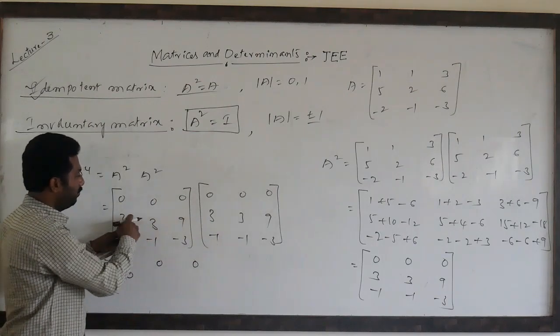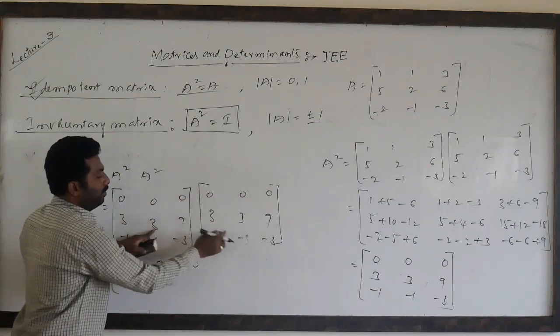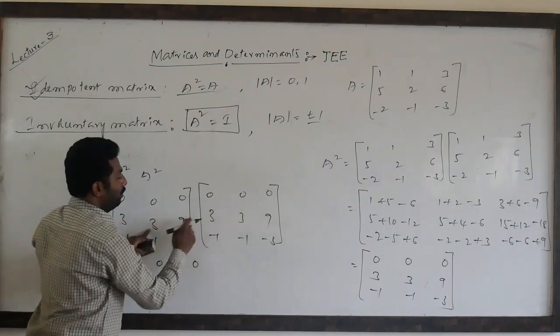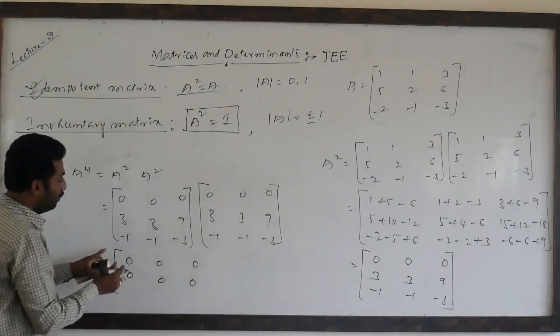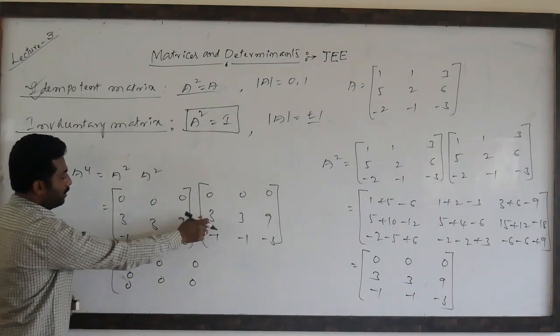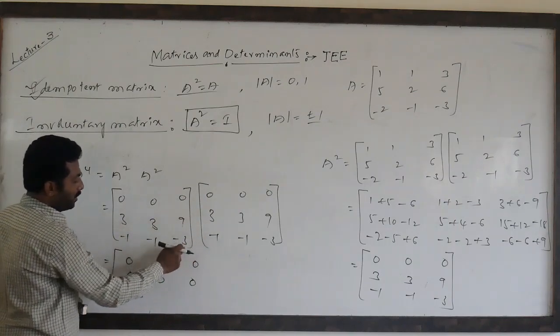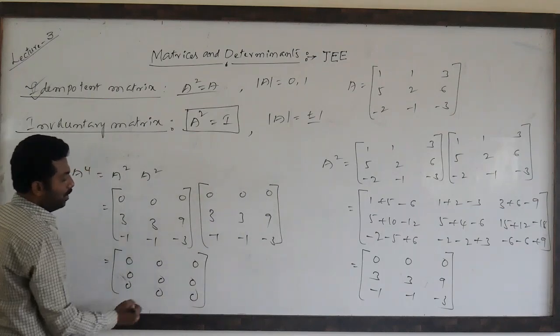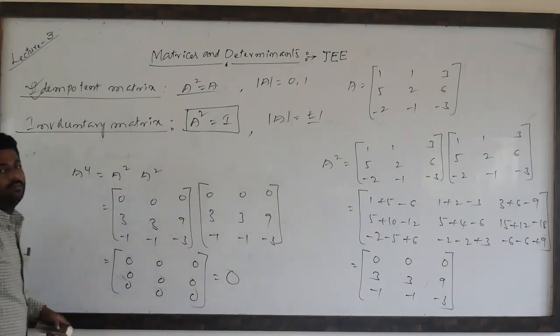Second row, second column 0; 9 minus 9, 0; 27 minus 27, 0. Third row, first column: minus 1 into 0, minus 3 into minus 3, plus 3; so again 0. Third row, third column is also 0. So finally we got the null matrix.